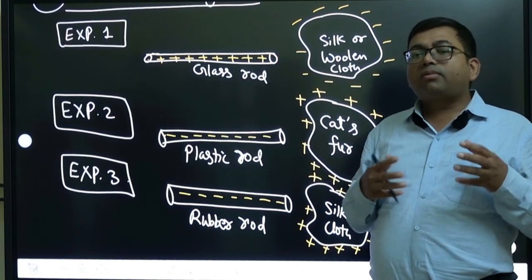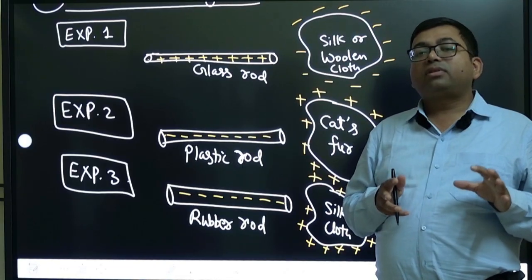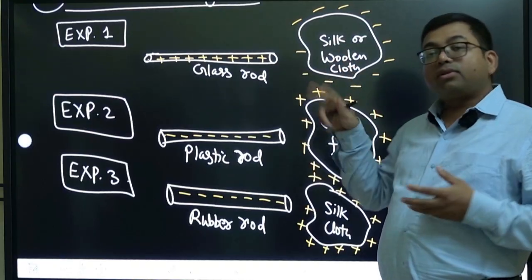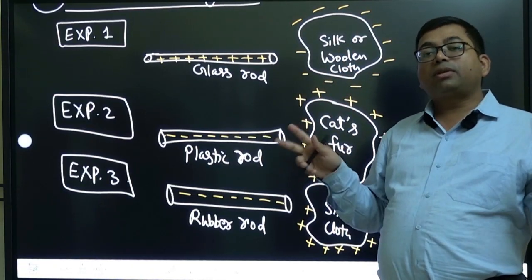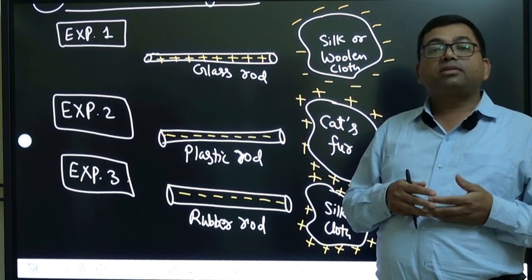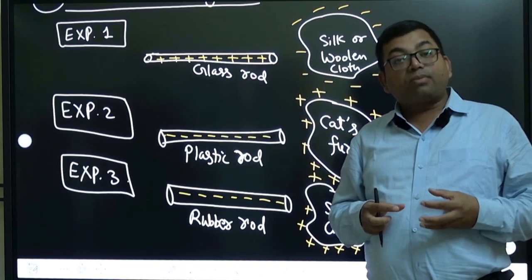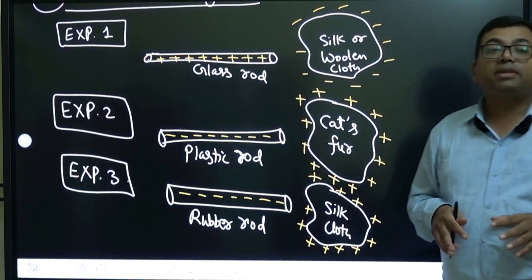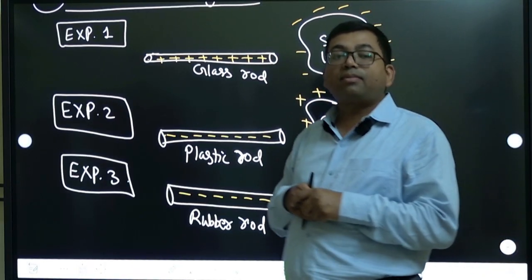So they observed all these kinds of things. The silk cloths, if you rub two of them separately, also repel because they have negative charges. So they got certain observations that some kind of attraction forces are developed and some kind of repulsion forces are developed.